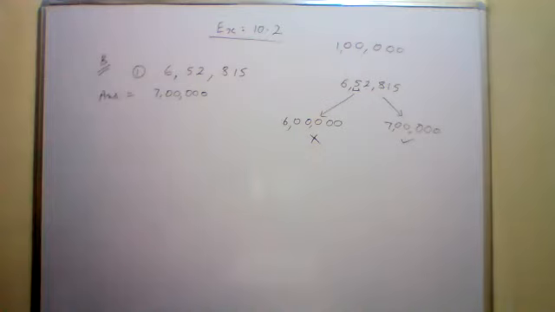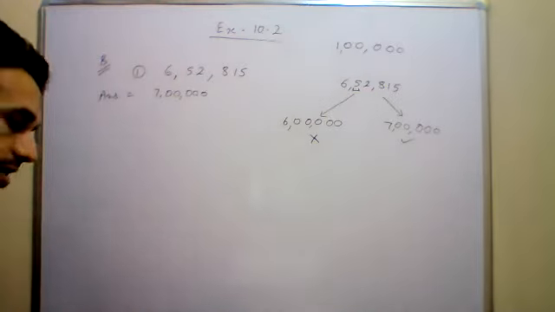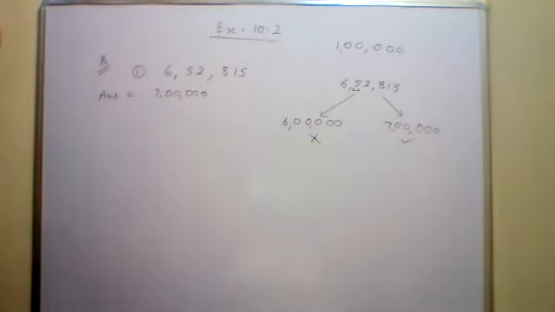Make a table rounding it to the nearest 10, nearest 100, nearest 1,000, nearest 10,000, nearest 1 lakh, nearest 10 lakh. And in this we have to tell the nearest crore too.